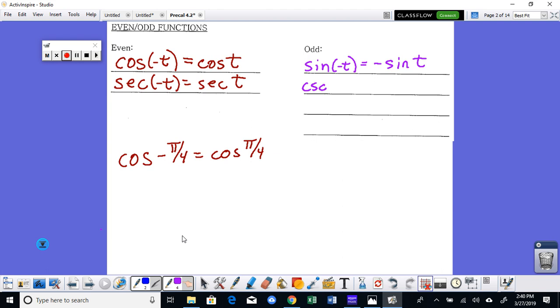Things like even and odd functions do not go away. We deal with those in calculus. So cosecant of negative t equals negative cosecant t. Tangent of negative t equals negative tangent of t. Cotangent of negative t equals negative cotangent of t.